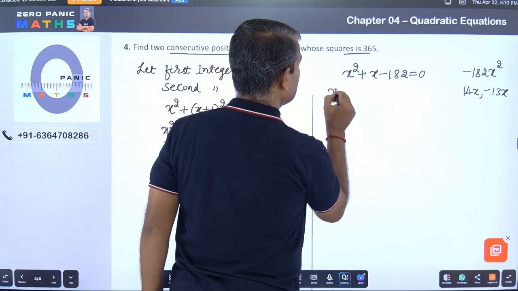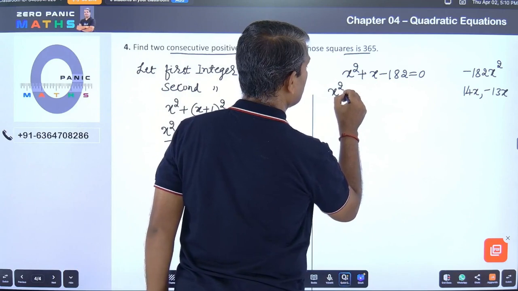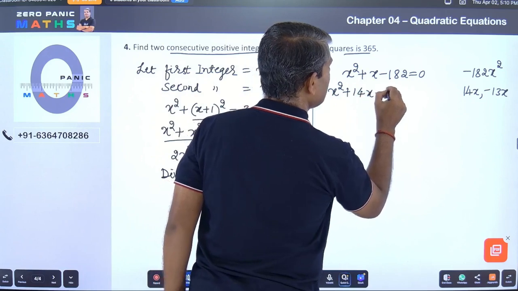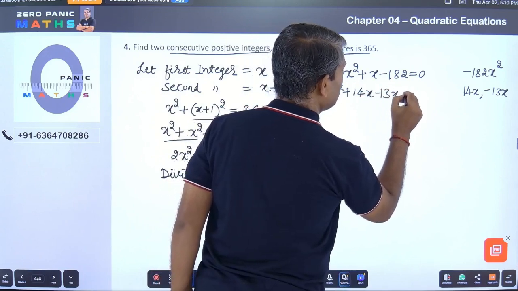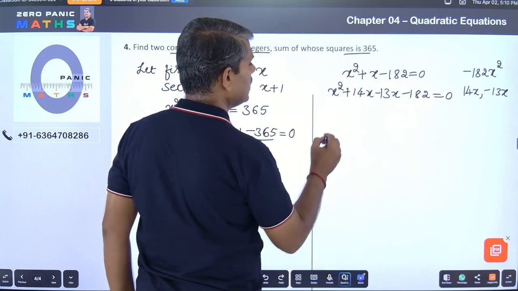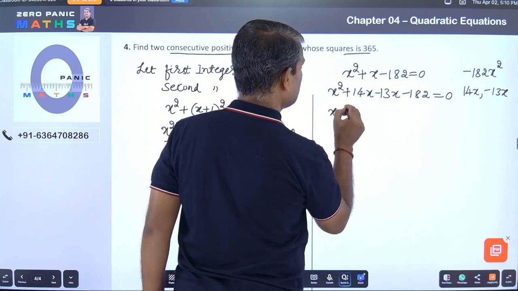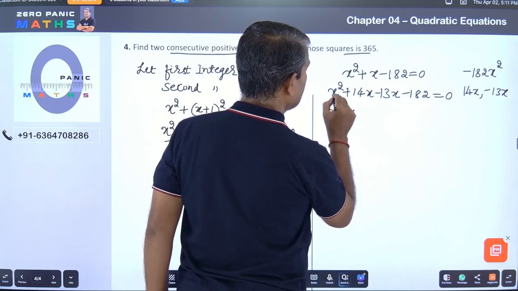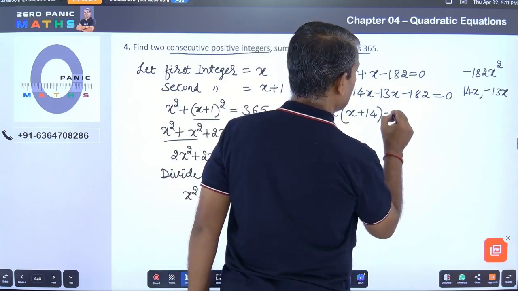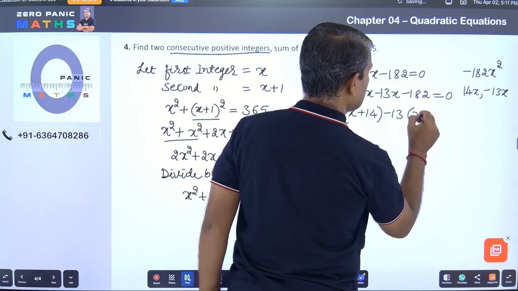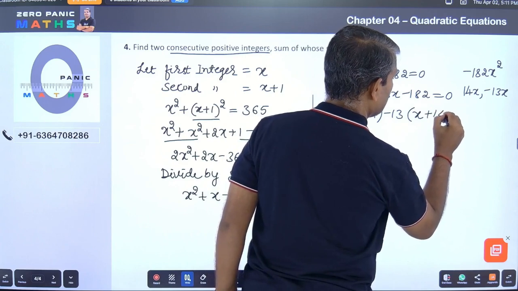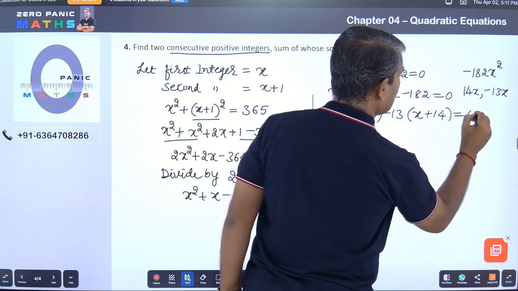So I can split it as x square plus 14x minus 13x minus 182 is equal to 0. Take x out of the first two terms, will leave x plus 14, and taking minus 13 here will leave you x plus 14, is equal to 0.